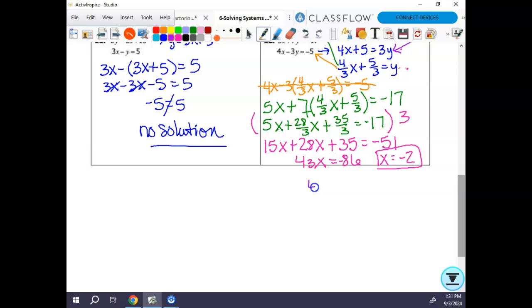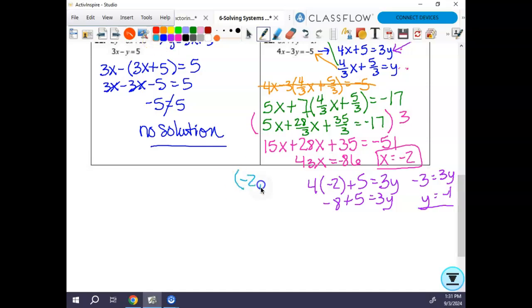So we're going to get 4 times -2 plus 5 equals 3y. So that's -8 plus 5 equals 3y. -3 equals 3y. Y equals what? -1. That was way more painful than it should have been. Sorry about that. -2, -1.